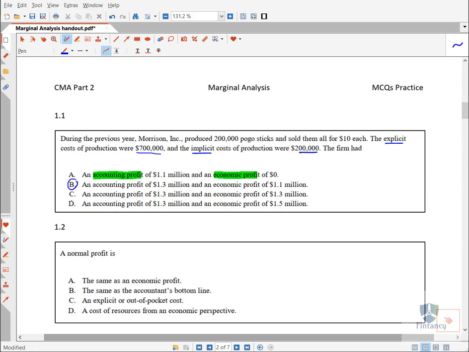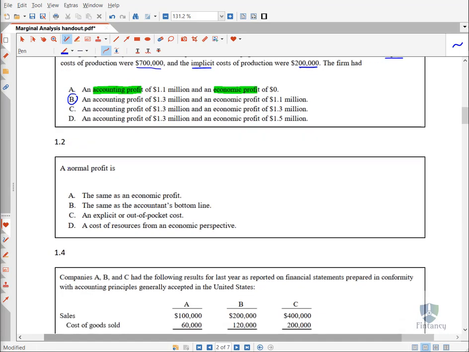Let us go on to question number 1.2. Can I ask Reenu, please, can you read question number 1.2? Reenu, you have to unmute yourself.